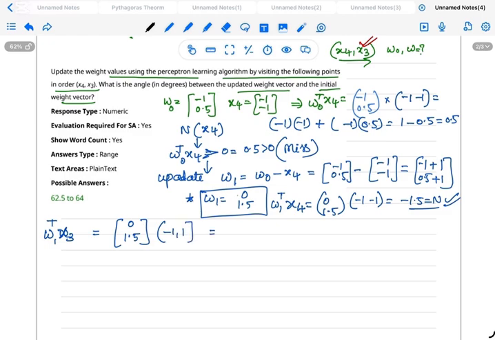The dot product is 1.5, which is positive. Originally x3 is positive, and W1 transpose x3 equals 1.5, which is greater than or equal to 0. That is y hat equal to 1, correctly classified, and there is no update.